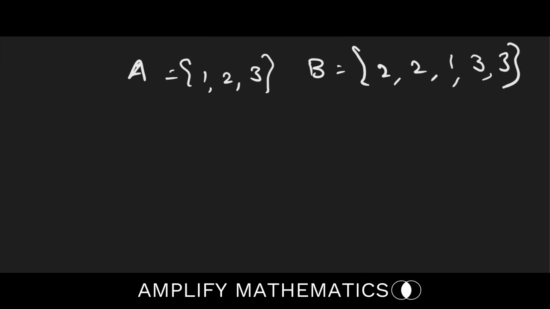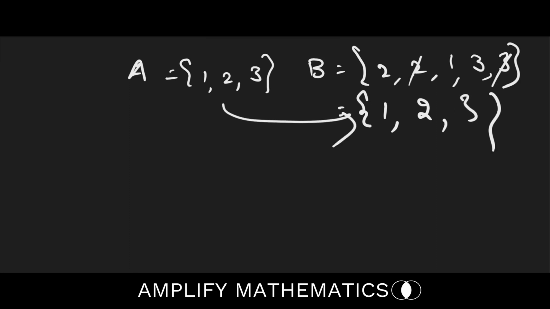A set does not change if one or more elements of the set are repeated. Okay? तो ये set अगर मैं repeated elements remove कर दूं, और order does not matter, मैं 1 को पहले लिखती हूँ, 2 को repeated element remove करके, 3 को भी remove करके, I get this set. So A and B are exactly equal. तो दो sets तभी equal होते हैं जब उनमें exactly same elements हों.